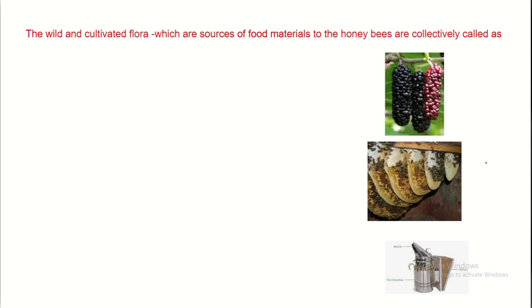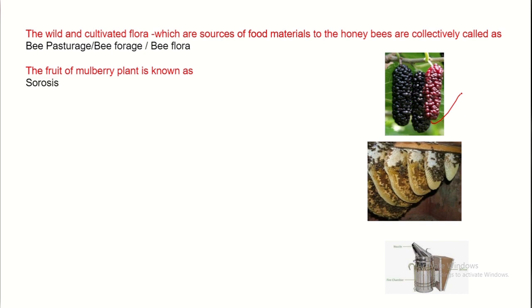The wild and cultivated flora, which are the source of food material to the honeybees, are collectively known as bee pasturage, bee forage or bee flora. The fruit of the mulberry plant is known as sorosis.